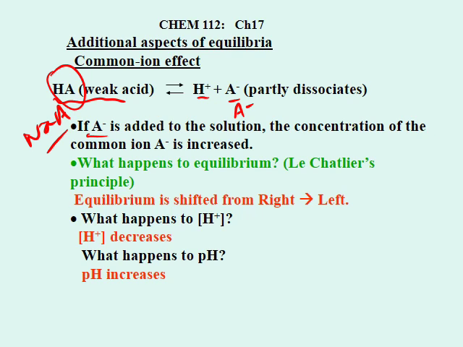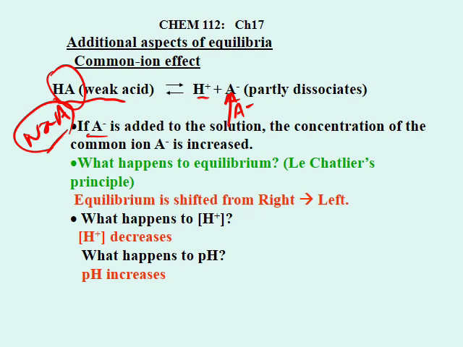Now, how does the common ion effect work here? We are going to apply Le Chatelier's principle. First, without adding NaA, you would have H plus and A minus solely coming from weak acid HA. When you add NaA, that contributes A minus, so the A minus concentration is going to increase.